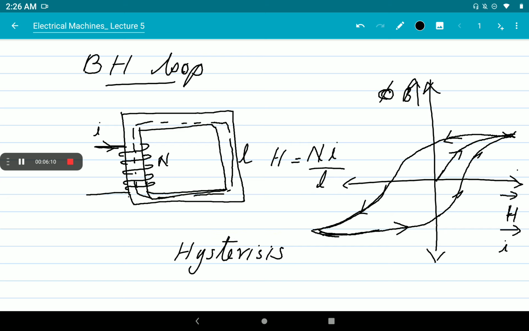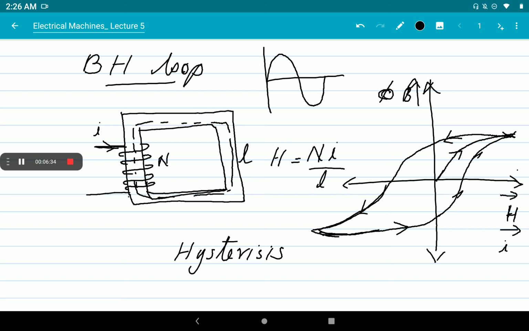So when we magnetize a ferromagnetic material by giving a current through the coil, just assume this is a magnetic core and we are giving a current I to the coil. What happens when a current flows through the coil? It will produce a magnetic field. When we increase the alternating current to a maximum value, we know that we always give the current in a sinusoidal form.